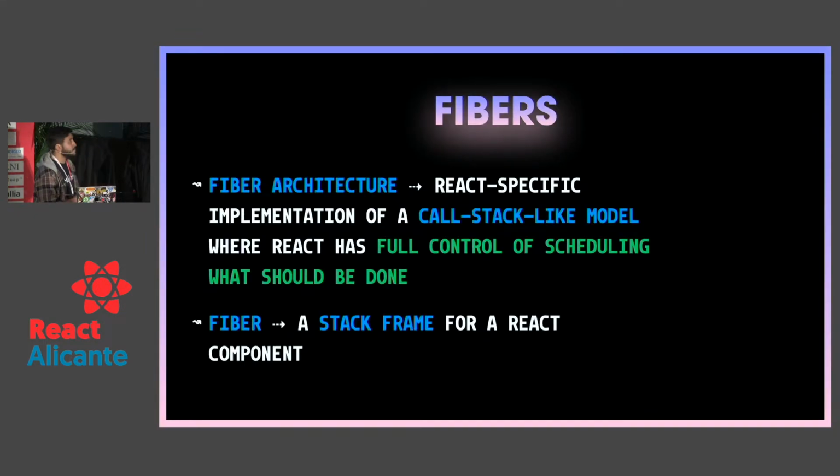So in React, this fiber architecture is this React-specific implementation of a call stack alike model. It's not necessarily a call stack, but it looks like one, that basically allows React to have full control of scheduling what should be done. And we're going to talk a lot about this word scheduling. And a fiber itself, we can think of then as a stack frame for a given React component.